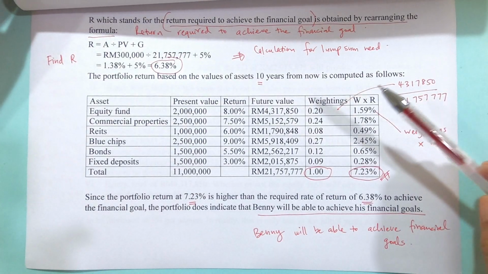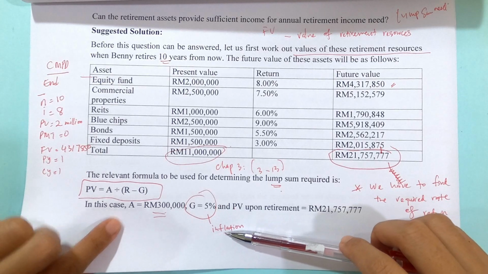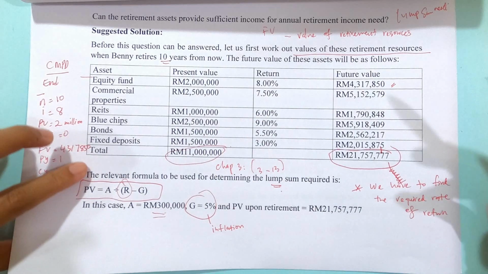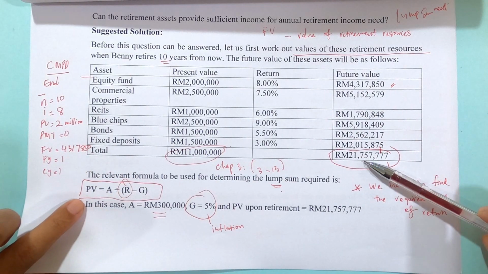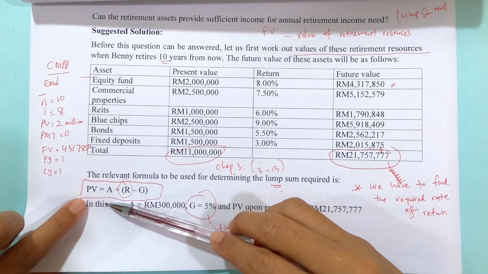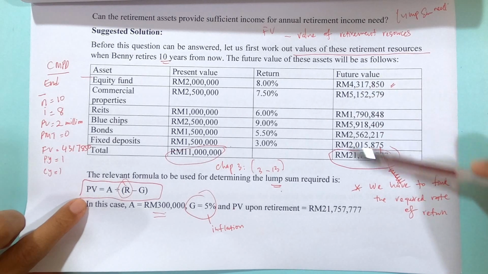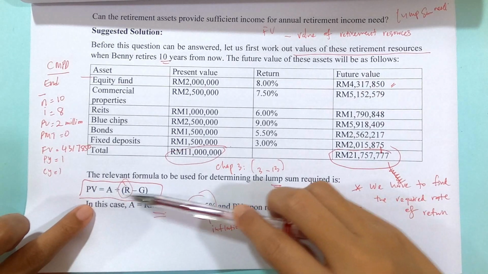At this point, we cannot calculate this because we don't know what R is. R is the required rate of return. We don't know this figure yet. Therefore, by using the PV of the lump sum required, because we already have the PV of the asset upon retirement, we can try to find what R will be.